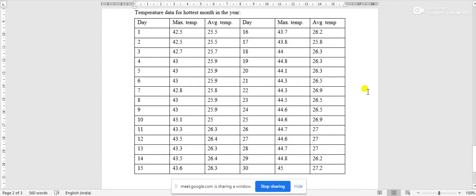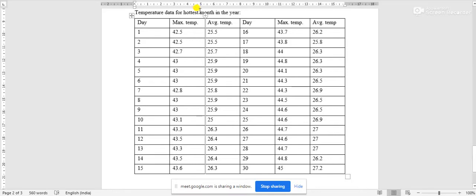Now in your semester preparation, in your semester exam this table may not be given, but the mean of average daily temperature and mean of maximum daily temperature will be given if these types of problem are coming in your examination.